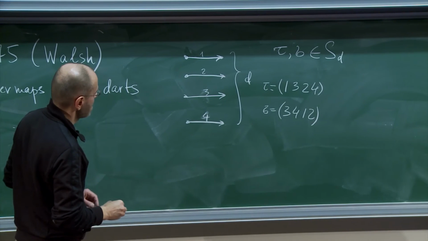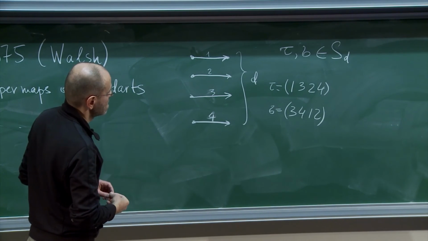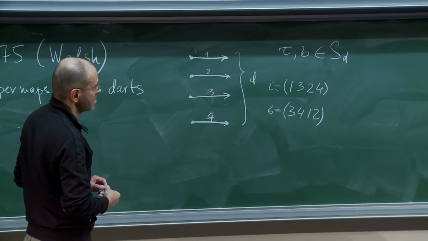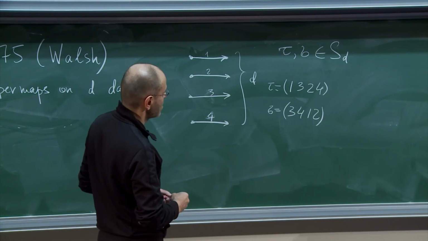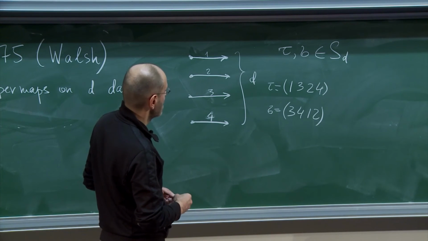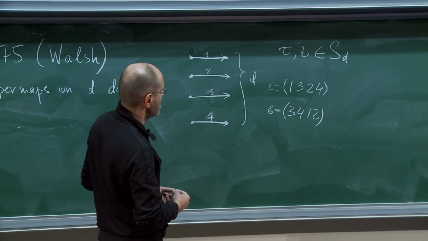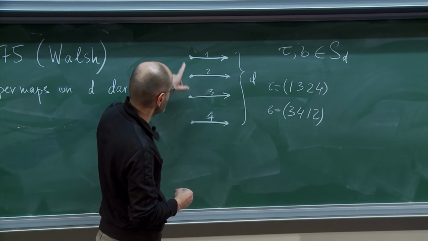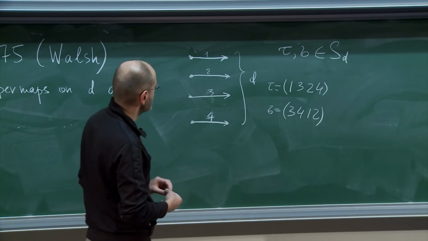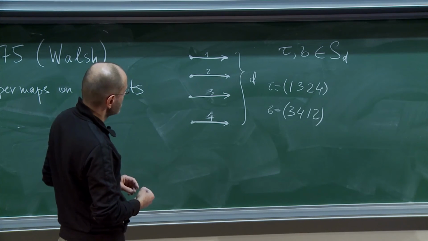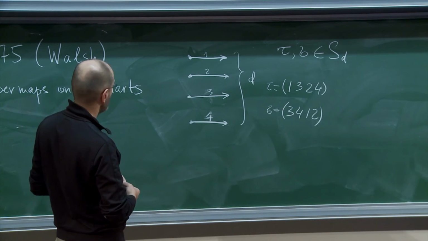So we have to write them as product of cycles, and to each cycle we associate a vertex. We identify the corresponding endpoints to get a graph that is called a hypermap.